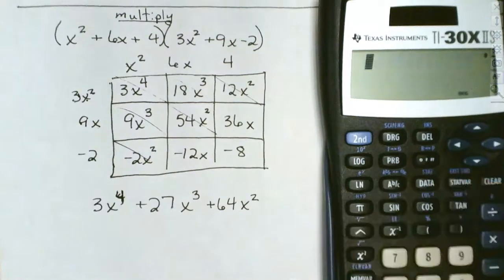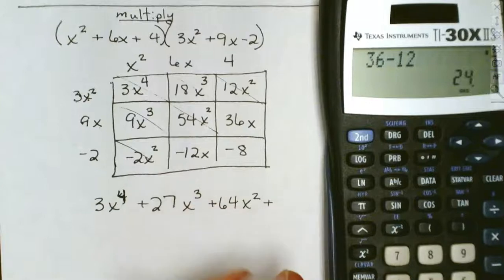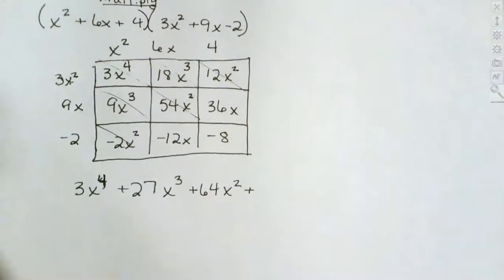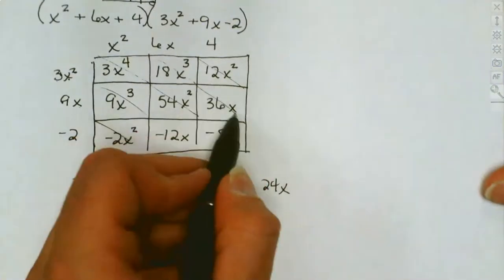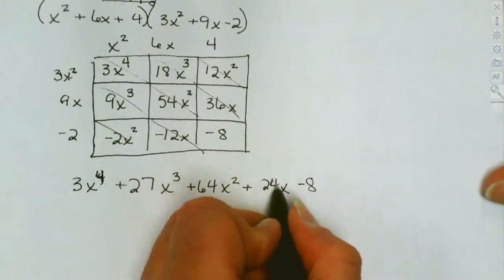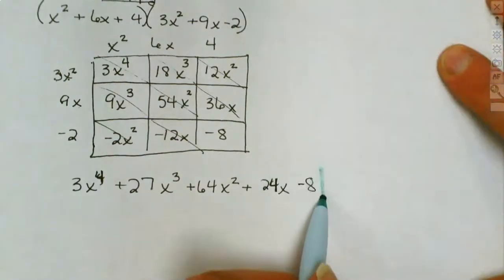What do we have left? We've got 36 minus 12. That makes it a 24x here. Gone, gone. And then what's our last piece? Negative 8. That's your final answer.